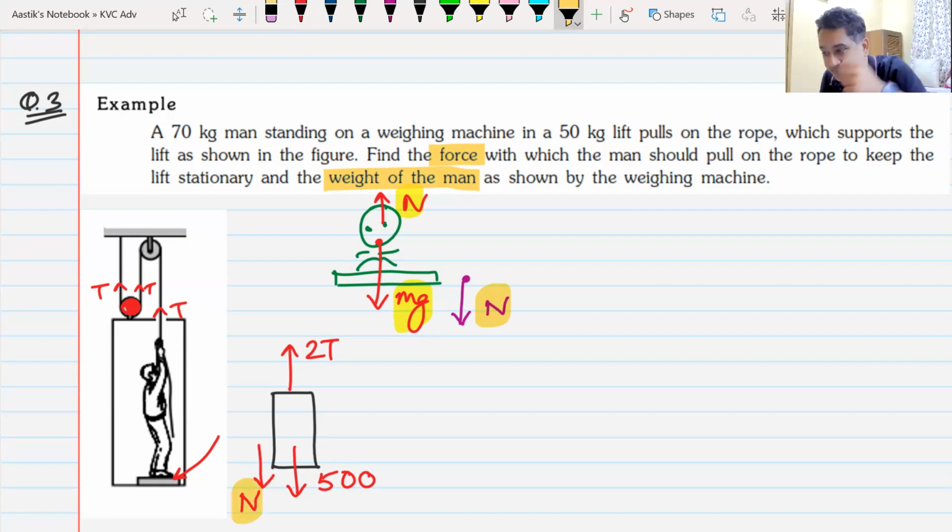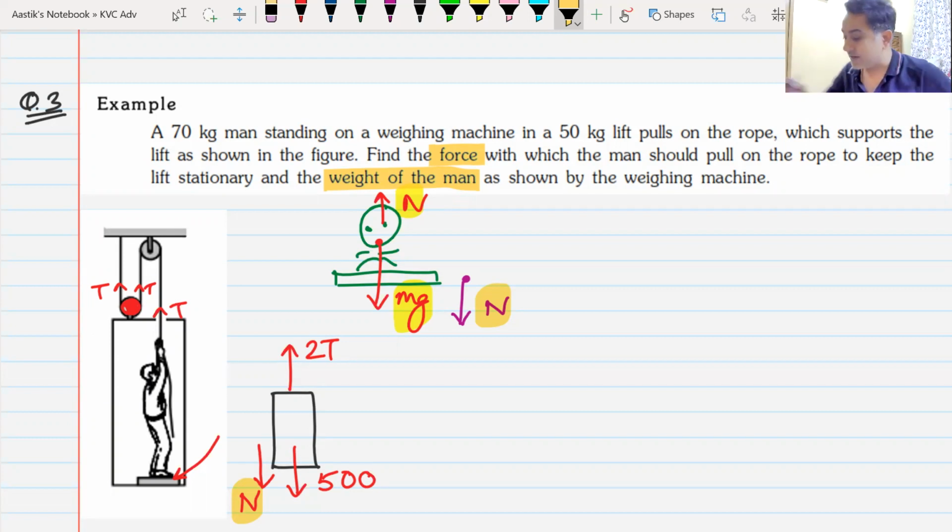This is the force with which man is pushing the weighing machine. This is the force with which weighing machine is pushing the man. This is also the force with which lift is pushing the man and the weighing machine, and with which man and weighing machine is pushing the lift. Do we understand this? Yes, sir.